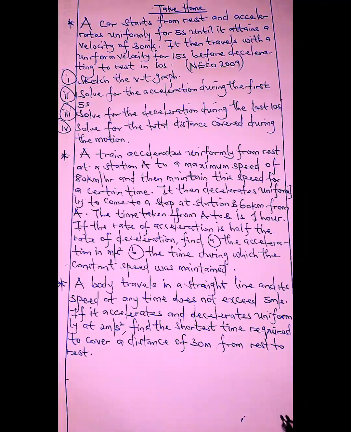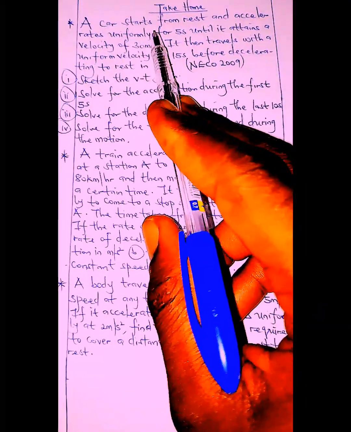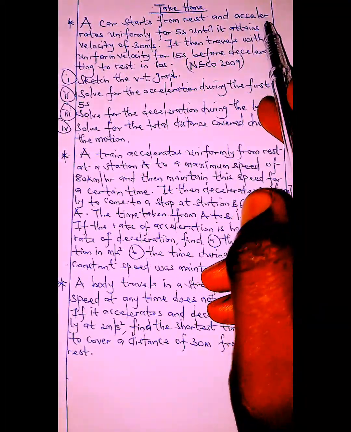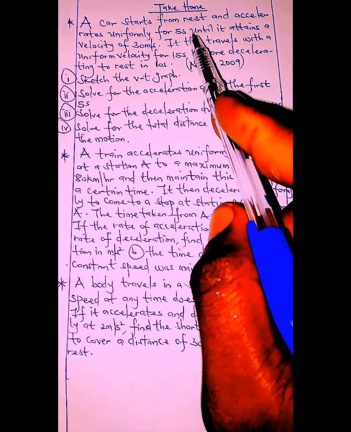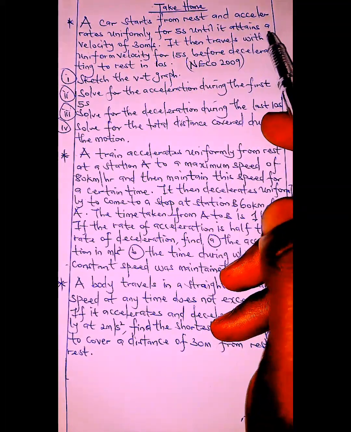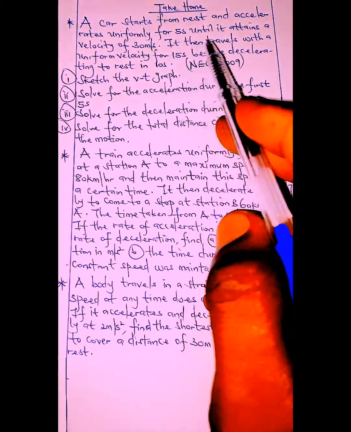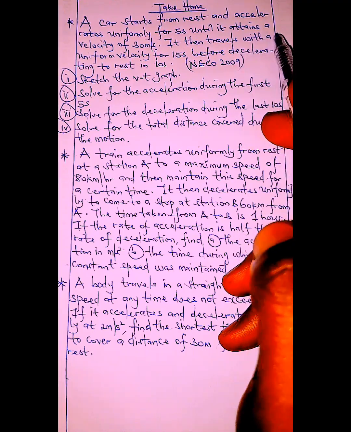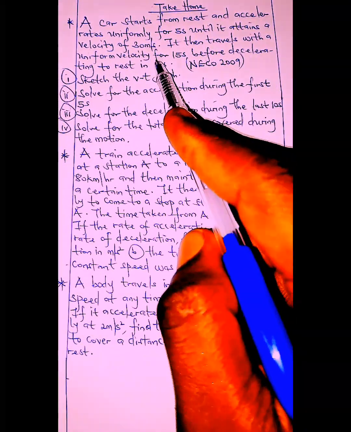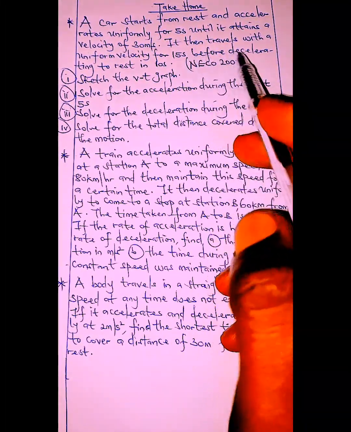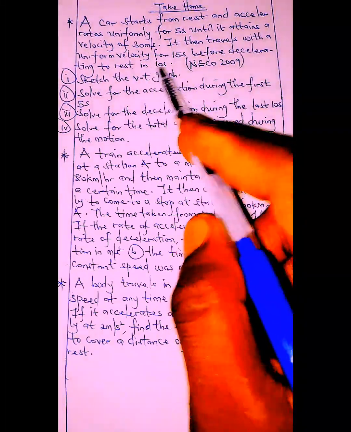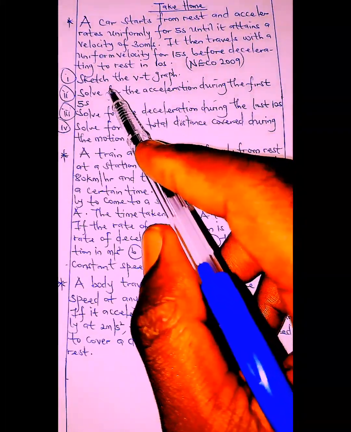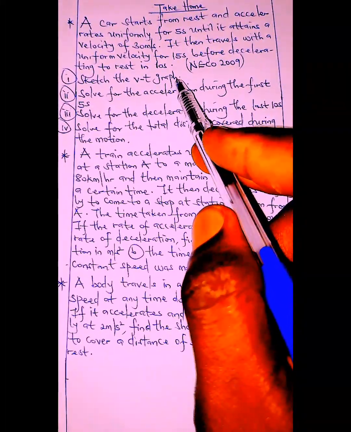The very first question: a car starts from rest and accelerates uniformly for 5 seconds until it attains a velocity of 30 meters per second. It then travels with the uniform velocity attained for 15 seconds before decelerating to rest in 10 seconds. Question 1: sketch the velocity-time graph.